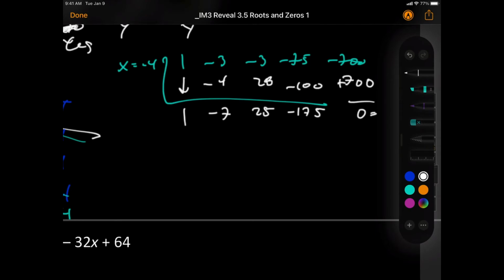Whoop, whoop. Okay. This means you have x to 0, x to the first, x to the second, x to the third. Let's see what we got. X plus 4.